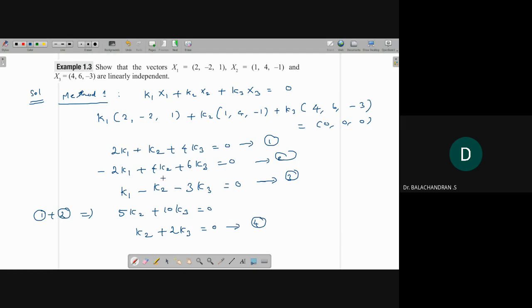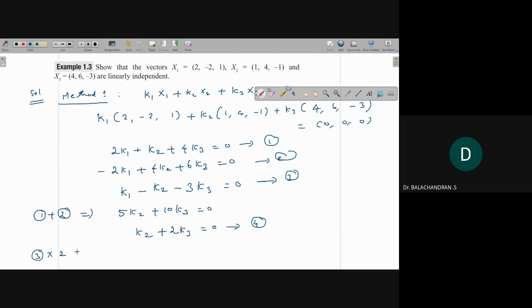And from equations 2 and 3, multiply the third equation by 2 and add it with equation 2.